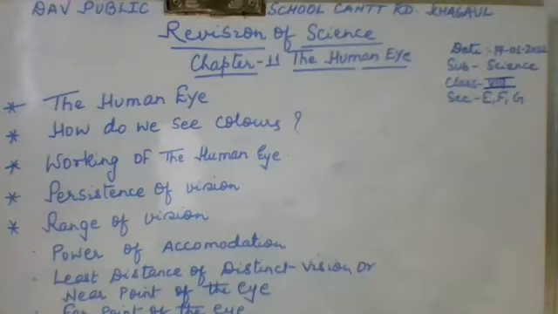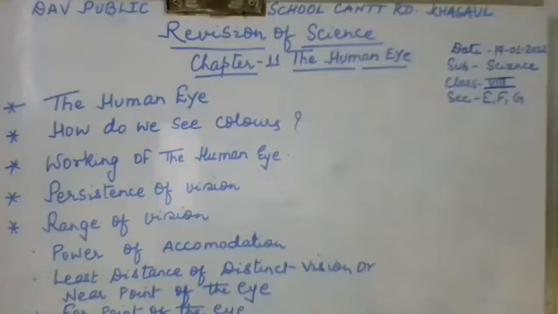Okay. Then after that, describe the blind spot. Ma'am, the junction of optic nerve and retina, there are no rods and no cones. So no image formation takes place.